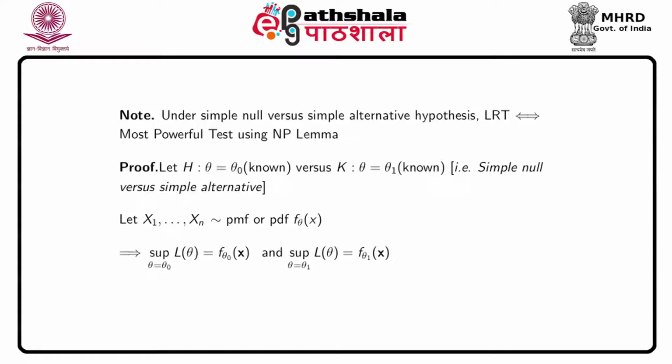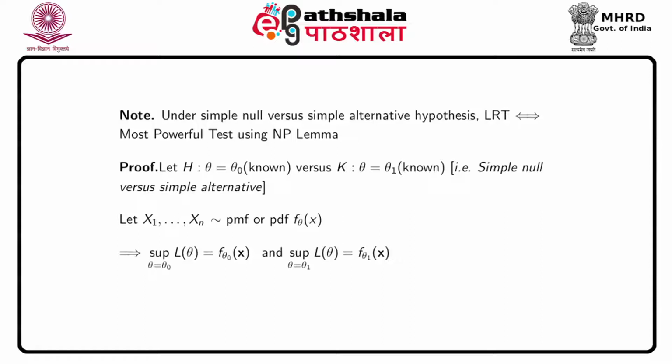As a proof of this immediate note, let the null hypothesis H be theta equal to theta_0, which is known, so the null hypothesis is simple, versus the alternative hypothesis K: theta equal to theta_1, which is again known, such that the alternative is also simple.